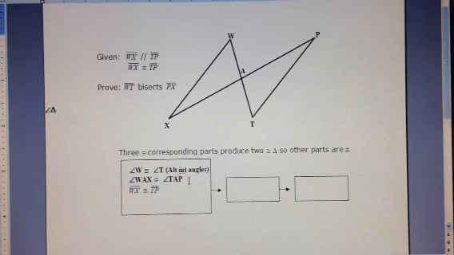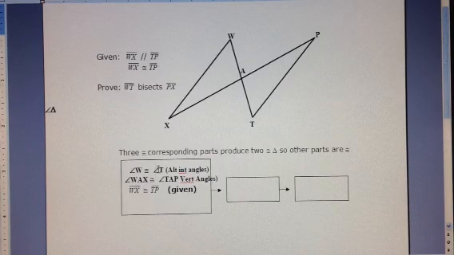And the reason I know this is true is because they're vertical angles, which I just abbreviated as vert. And of course we know this is true because it was given. And so we have the three things that are congruent and the three reasons why they're congruent.